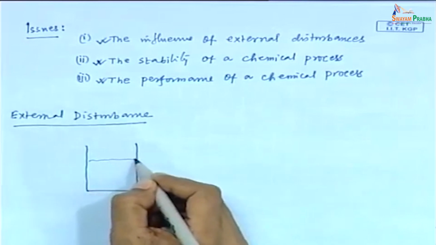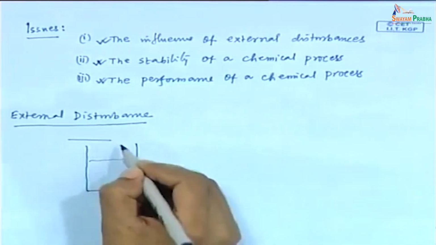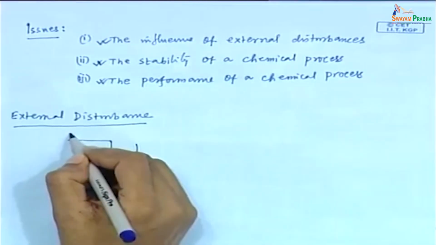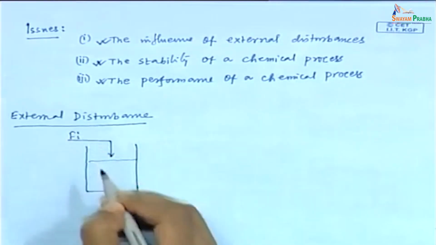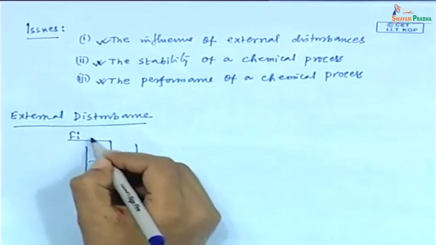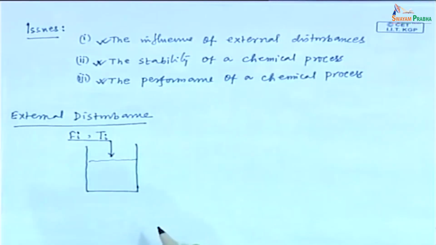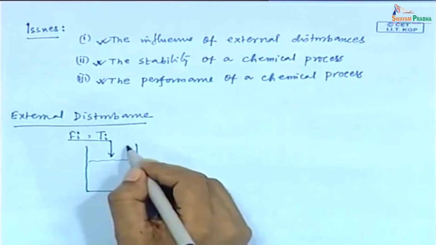This is a tank, a liquid stream which is entering this tank with a flow rate of F suffix I. Temperature of this inlet stream is T suffix I. Now this liquid is well stirred.